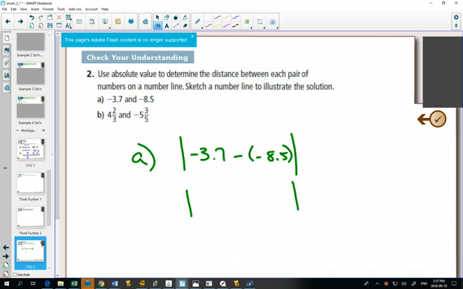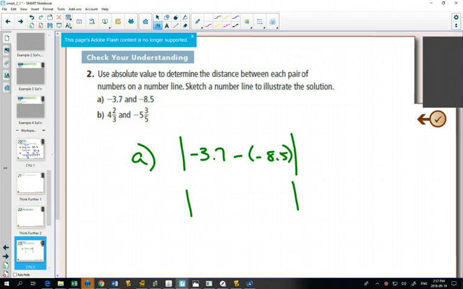With absolute values, though, I can't just change all my signs to positive. That's the number one thing students want to do, because they have in their head that absolute values change things to positive. That's only true after you've simplified it and you have a single thing inside. So once I have a single thing inside, then I can do that.